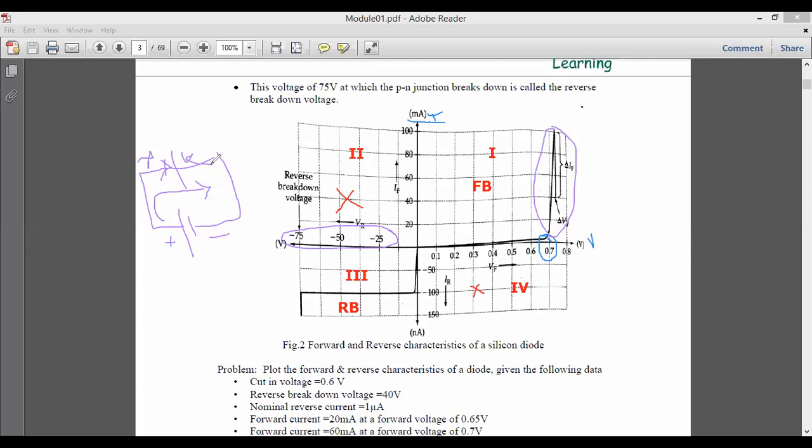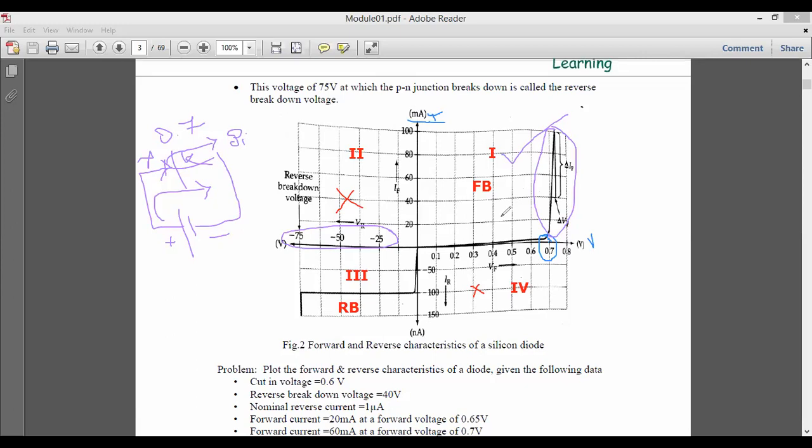Therefore, when this voltage is applied, your diode will be working under the forward bias region. At what voltage? At 0.7 volt, because the material we are using in this diode is silicon, that is Si.